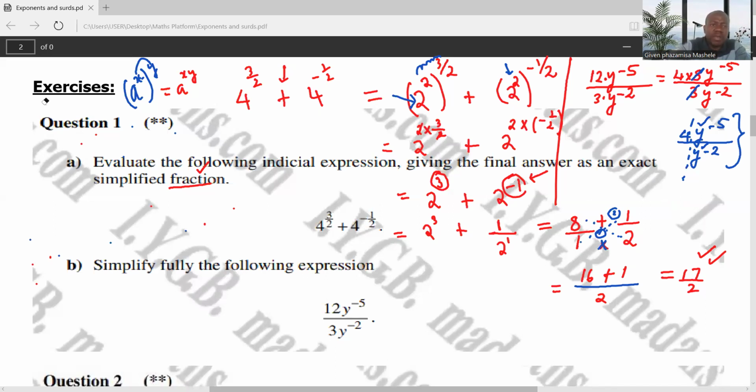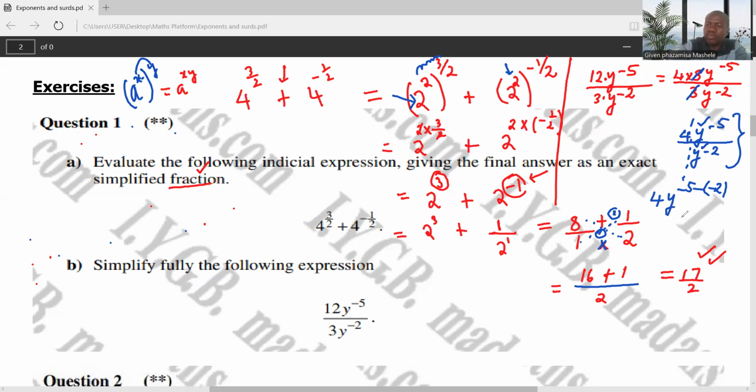Remember, we are taking one base, so we just leave the 4. Then here we take one base, which is y, and we subtract the exponent. What is the exponent at the numerator? It's negative 5. So it's going to be negative 5 minus negative 2.